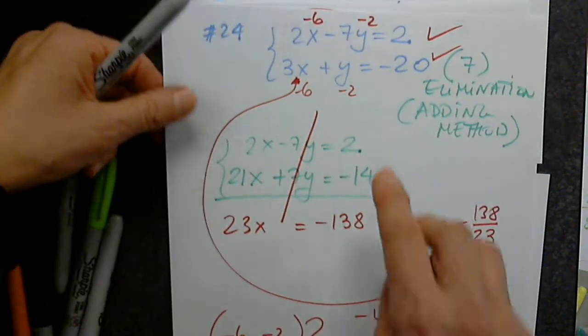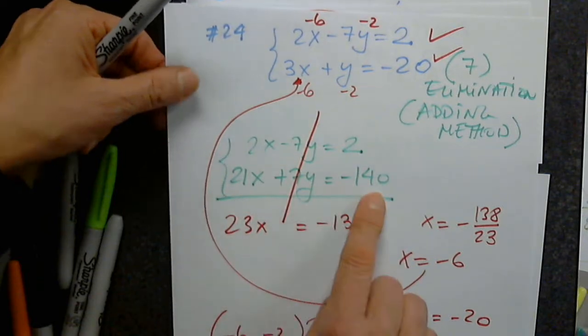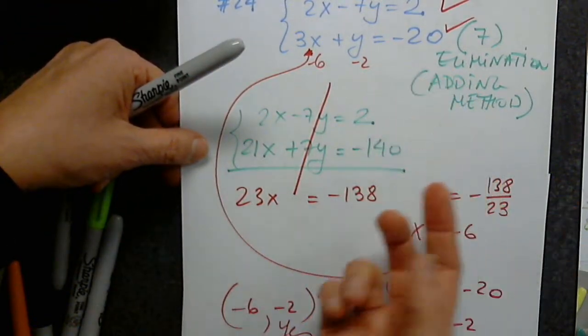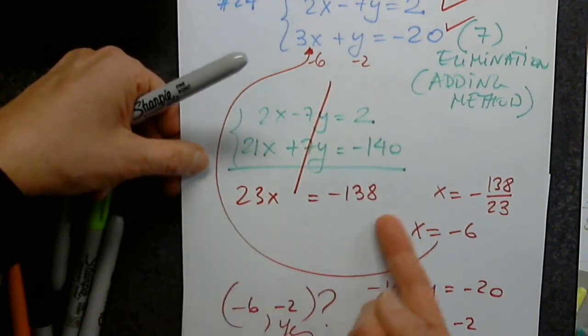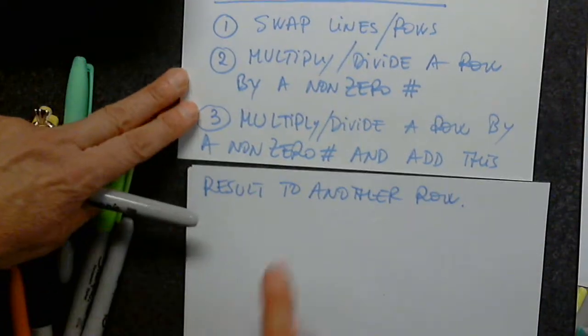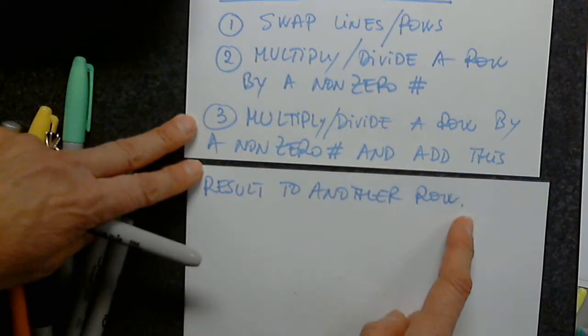One more time. We multiplied this by 7, we got this, and then we added this equation to another equation, and we obtained a third one. That's why we are allowed to do this. So I'm allowed to multiply or divide a row by a non-zero number and add this result to another row, as we just did in a 2 by 2.